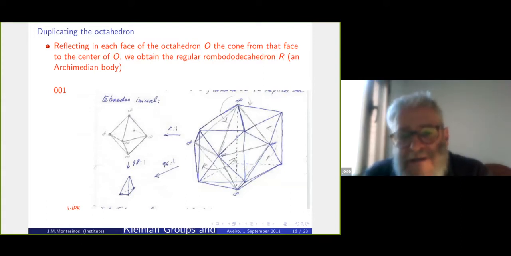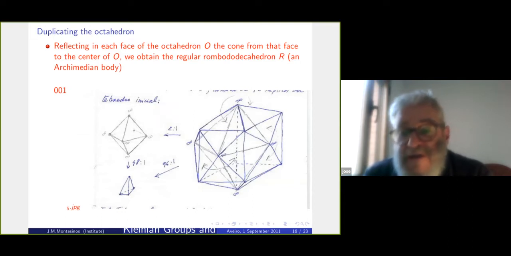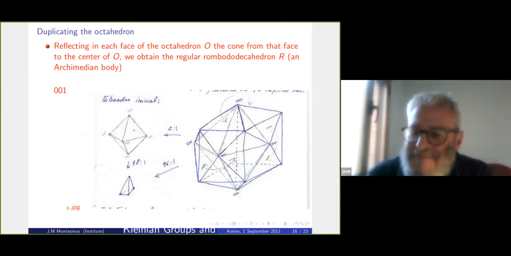So you have divided the octahedron in 8 parts with the same apex, which is the barycenter. Now you reflect all these 8 parts in the faces of the octahedron. So what you obtain is that on top of each face, you have now some pyramid. The addition of these pyramids is a rhombic dodecahedron, the one that I see there.